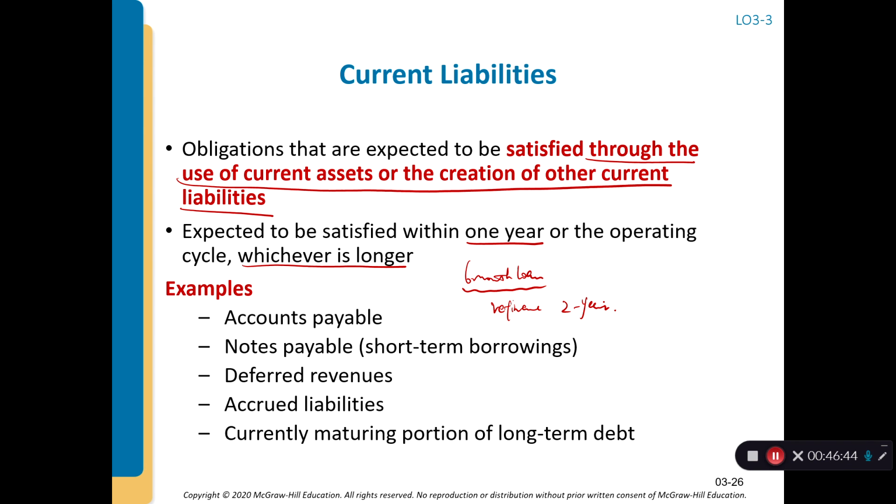That means this 6-month loan is not a current liability. It should be categorized as a long-term liability, right? So the most common current liabilities include accounts payable, notes payable, deferred revenue, accrued liability, and the current maturing portion of long-term debt.